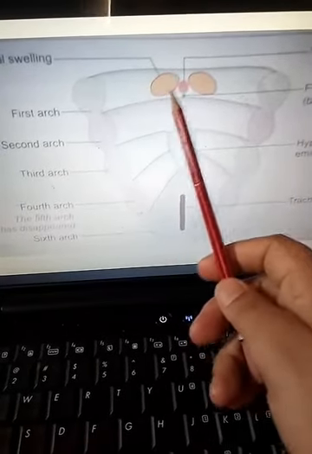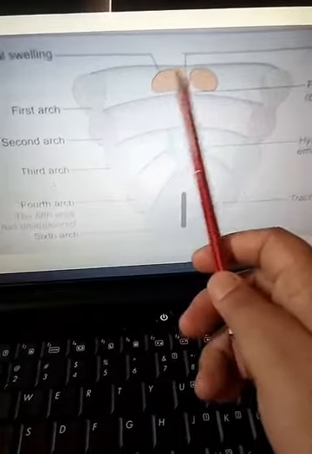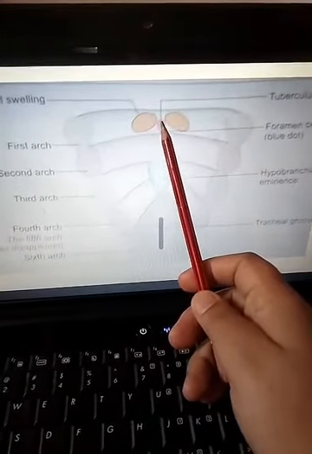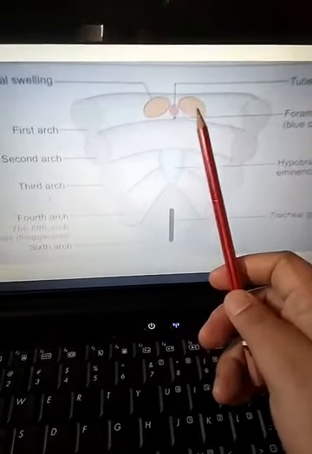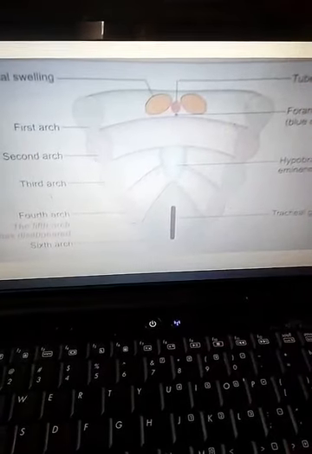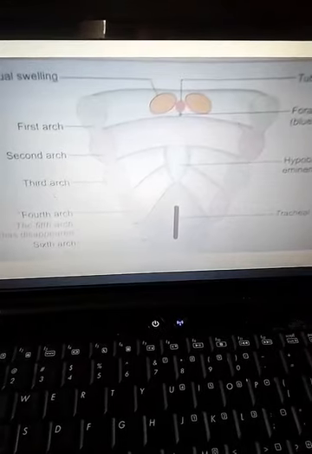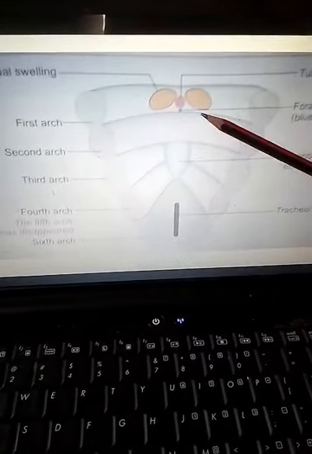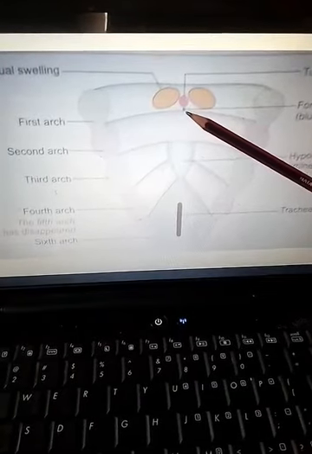So we have three swellings here, two lingual swellings and another swelling that is known as the tuberculum impar. From these three swellings, the tongue arises.